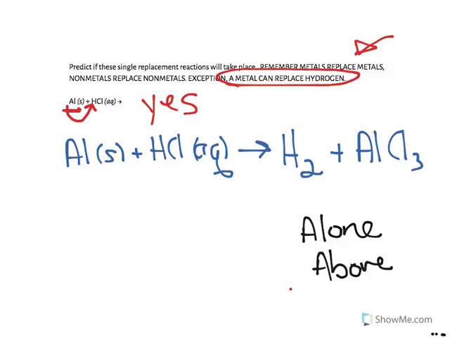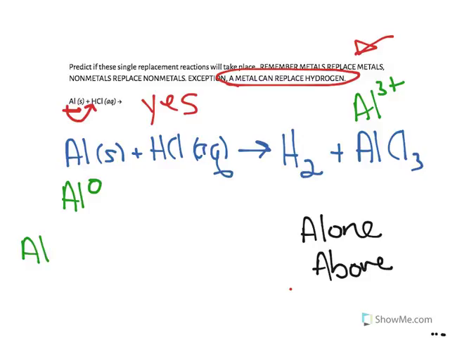And if I look at what happens in terms of electrons, aluminum will go from having a neutral charge. Aluminum solid is aluminum metal, which is neutral. And it will produce, in this reaction, aluminum 3+. And that means what must happen to aluminum?